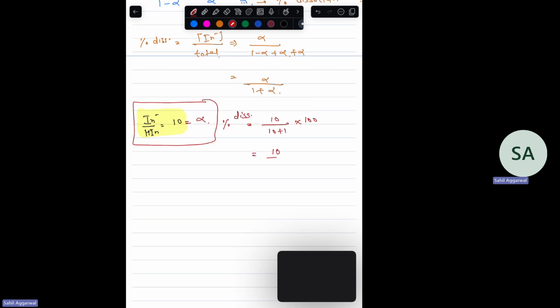So it would be 10 by 11 into 100. That would be 90.9%, which is almost 91%. So it will come out to be 91%, A option.